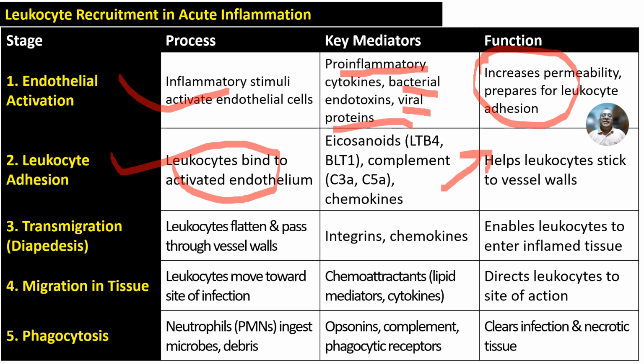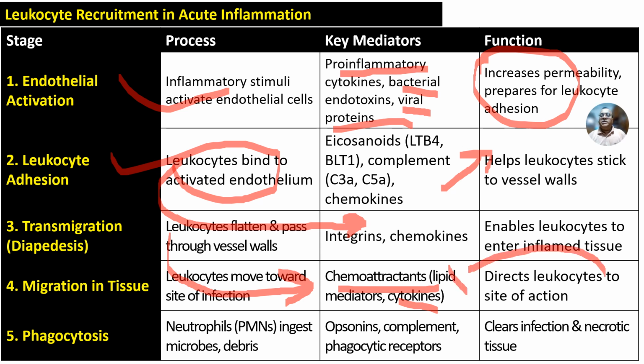Then they transmigrate through the vessel wall by the action of integrins and chemokines and some enzymes that degrade the basement membrane, and within the tissue they are directed toward the site of the inflammation by chemoattractants that can be chemokines or lipid mediators.